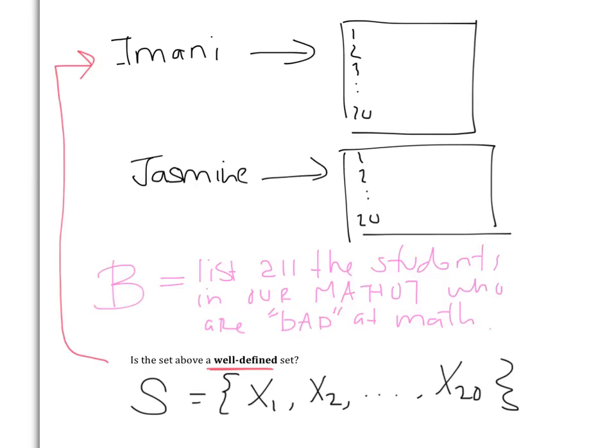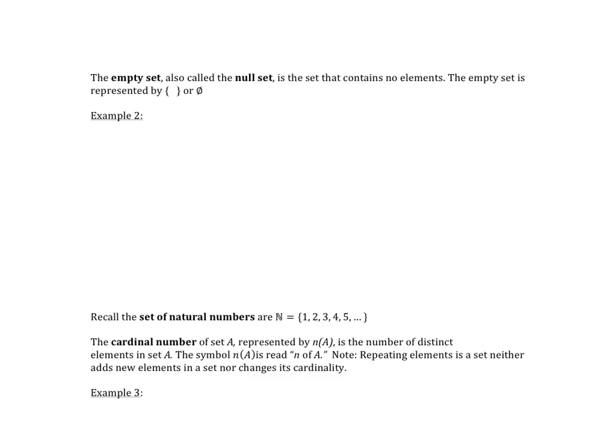It's not clear which student is bad at math. Well, let me not tell you. You'll see it in the assignment tomorrow. But again, that's just an example. Our sets that we're going to be working with are going to be well defined. Okay, so let's move on to the next page.